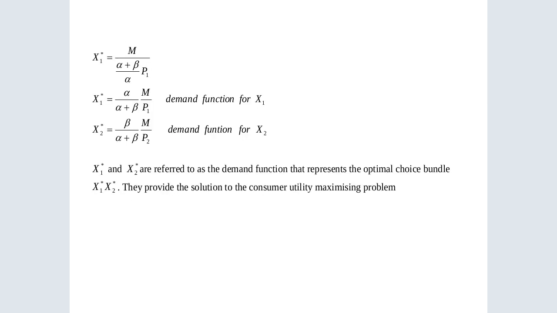X1, which is now optimal, is made up of this. This is consumption of commodity 1. Now we also do the same to commodity what? 2, that is X2.